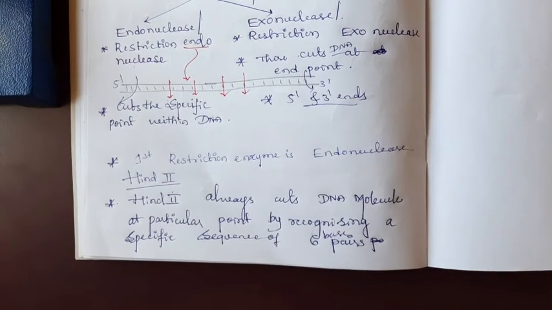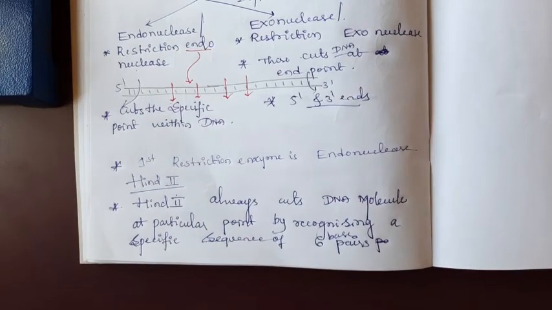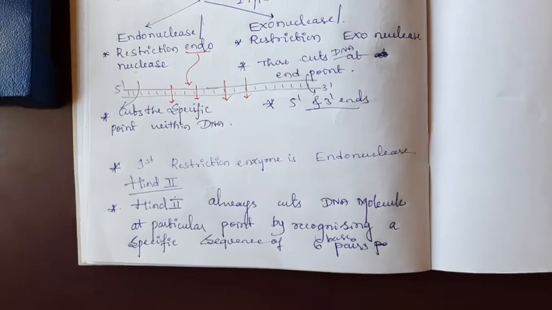After the discovery of HindII, around 900 RENs were discovered from nearly 200 to 230 strains of bacteria.